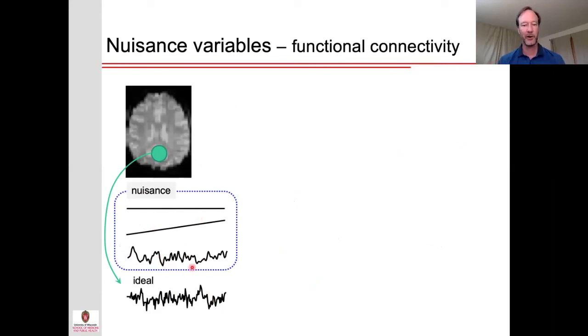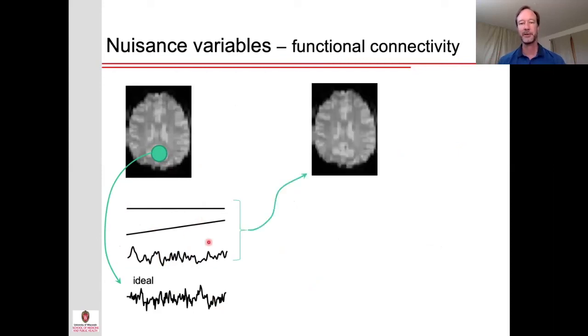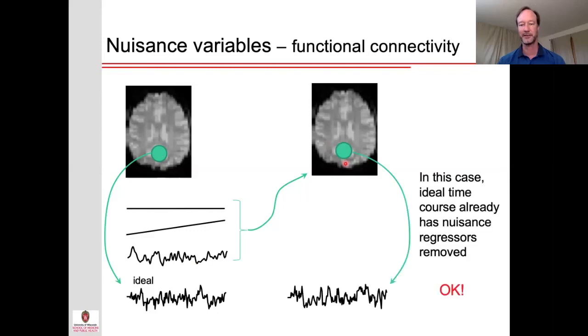We could include all of these together in one model, or if we regress these out first, we get some denoised image. But then what we typically do is we take the average of that seed region, not over the original data, but rather over that denoised data. So in this case, all of these parameters have also been removed from our regressor of interest, and we're okay. We can actually separate those two steps.